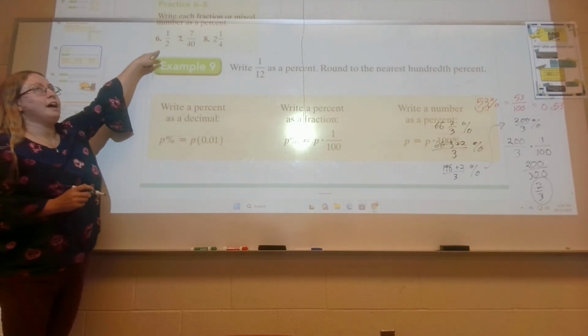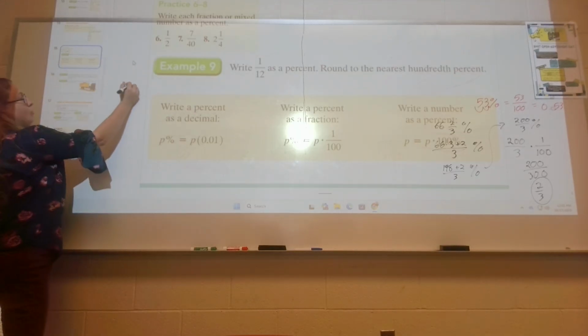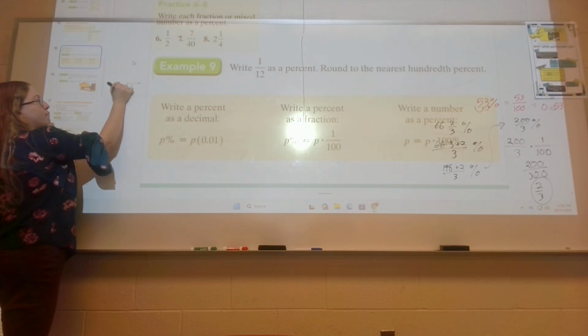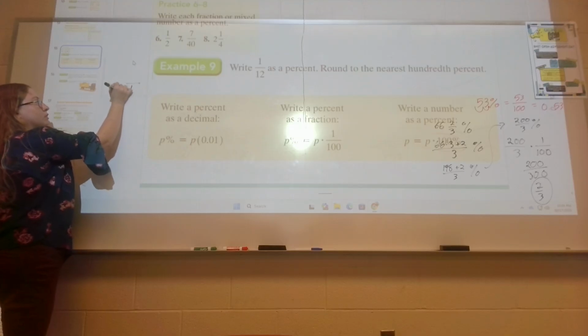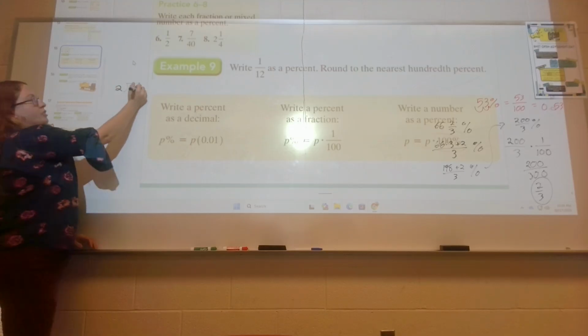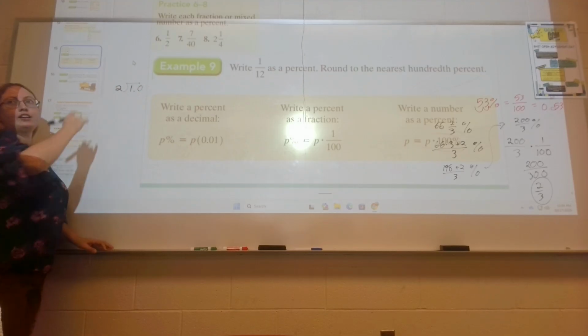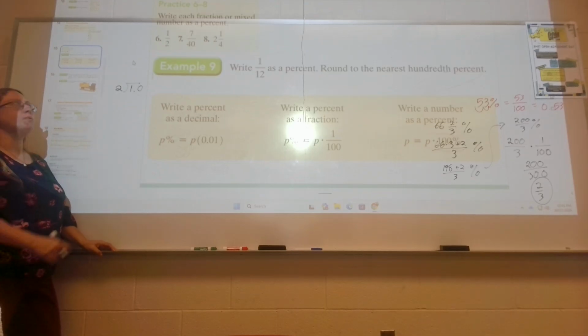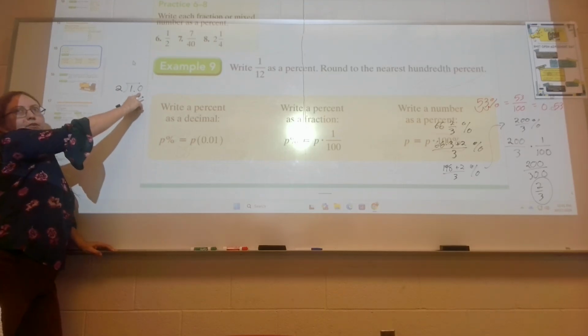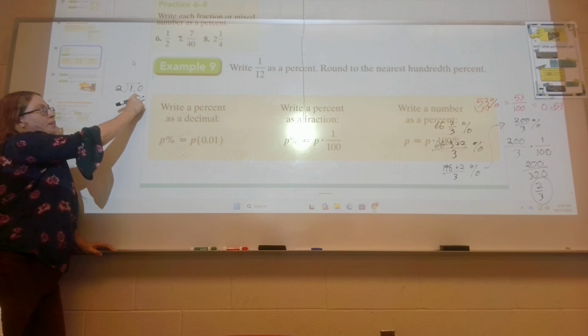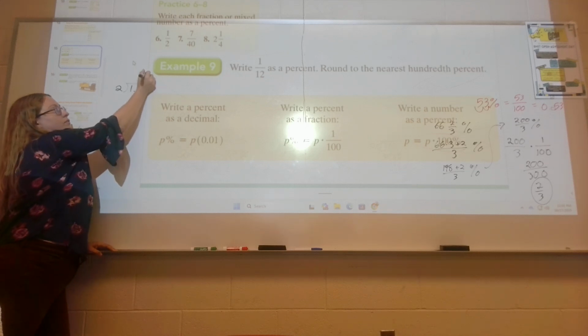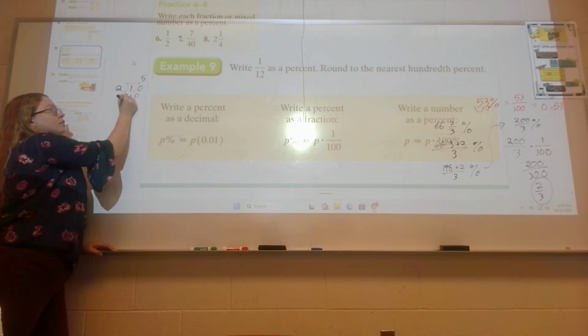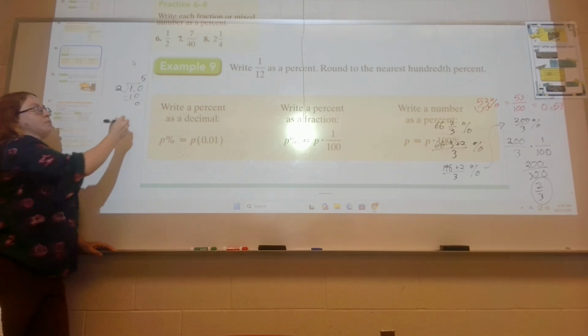So if I'm looking at 1/2, I'm going to take 1 and divide by 2. Right? So 1 divided by 2. I need to add in a 0.0 because 2 won't go into 1. 2 will go into 10 though, right? 2 goes into 10 how many times? 5. Nothing left over. I know I'm done with the problem.